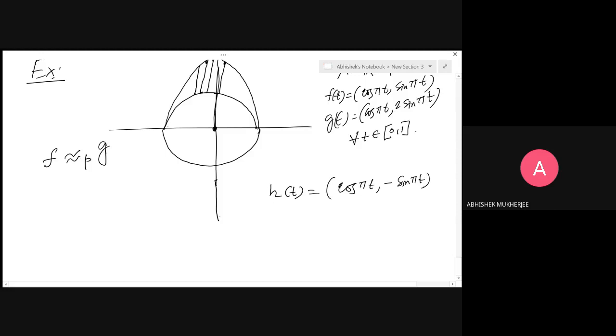So you cannot use the straight line homotopy, because this would pass through (0, 0). We are considering the plane punctured at (0, 0), so this straight line homotopy cannot be accepted.